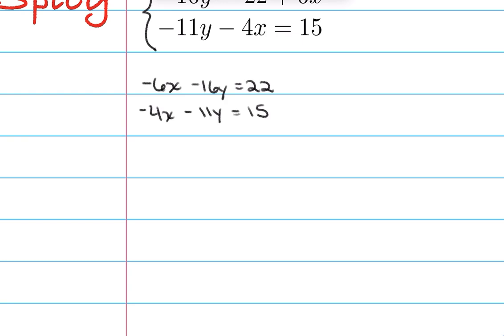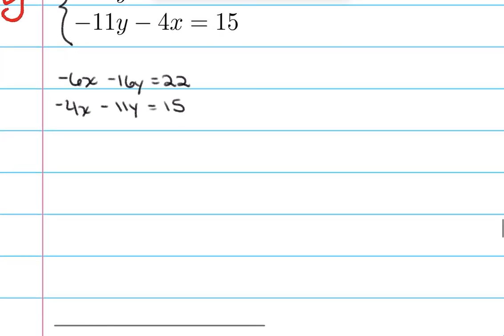I'm going to multiply the top equation by a negative 4, because negative 4 times a negative 6 is a positive 24. And then I'm going to multiply this one by a 6, because then I'd get negative 24. So that way I'm going to get rid of my x's.